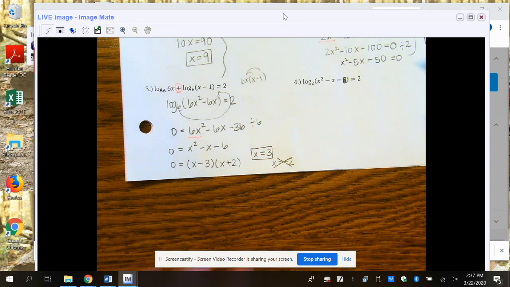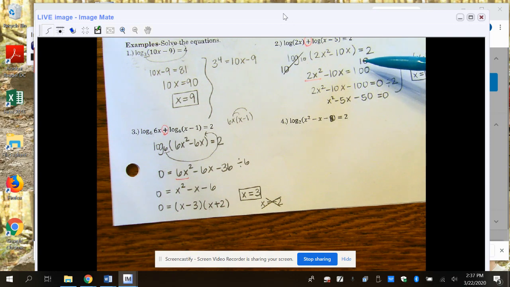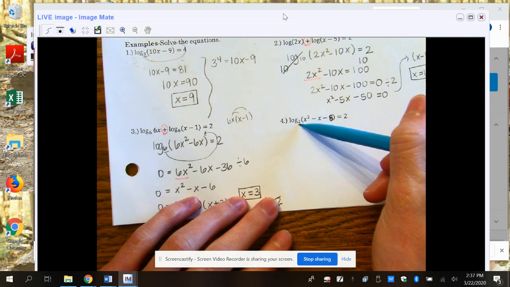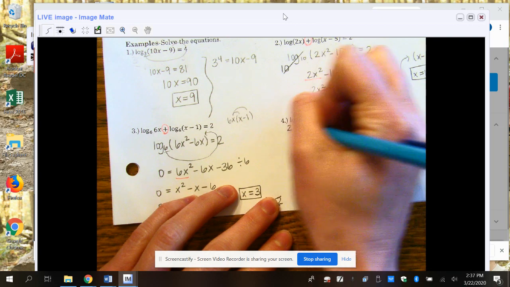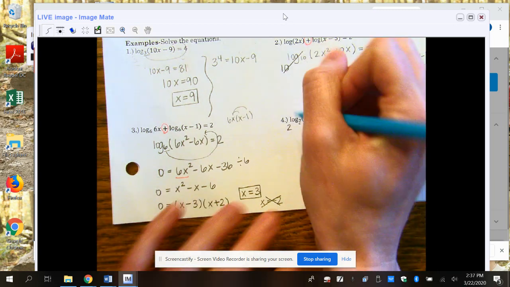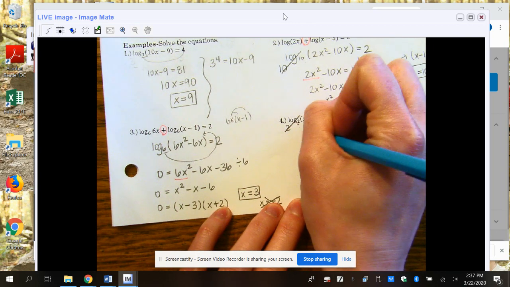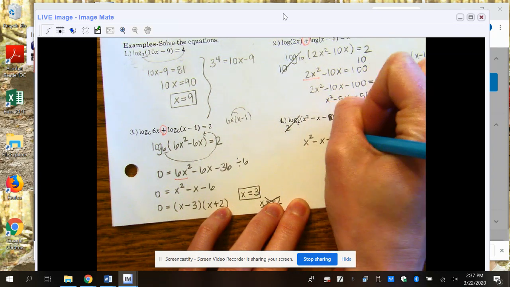So now I'm going to do this the exponential way. If my log is base 2, I'm going to make it so that both sides are now the exponent with a base of 2. Because now the inverse property tells me that those cancel out. So I get x squared minus x minus 8, 2 squared is 4.